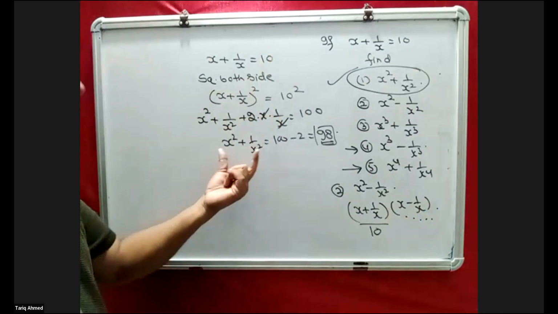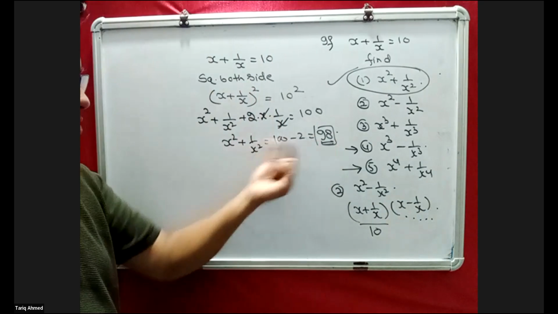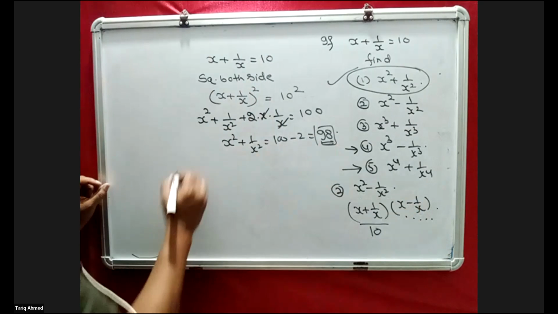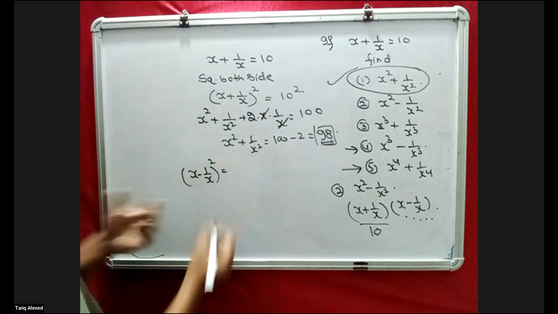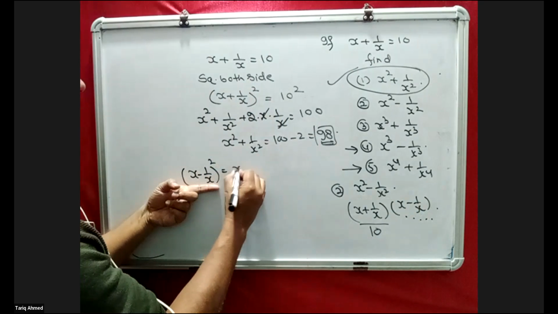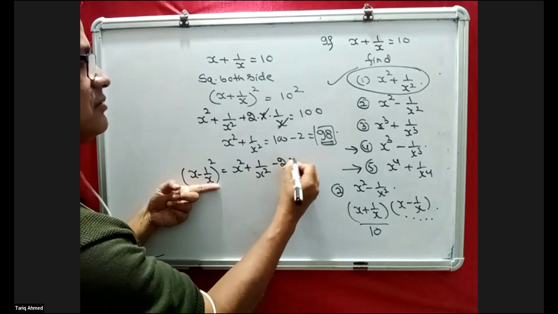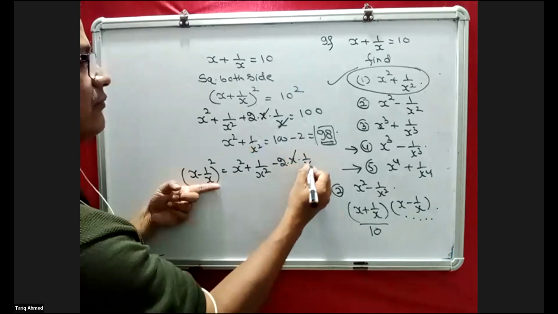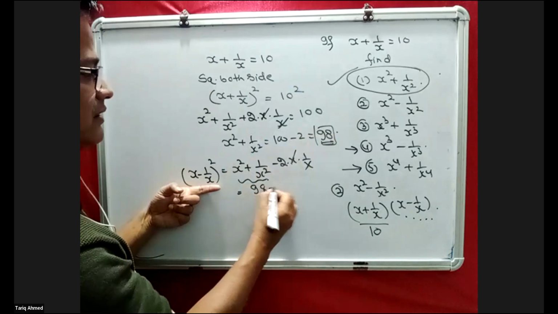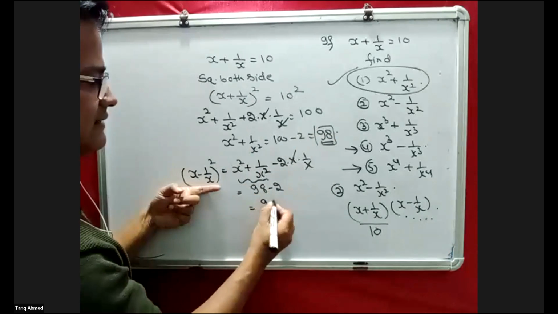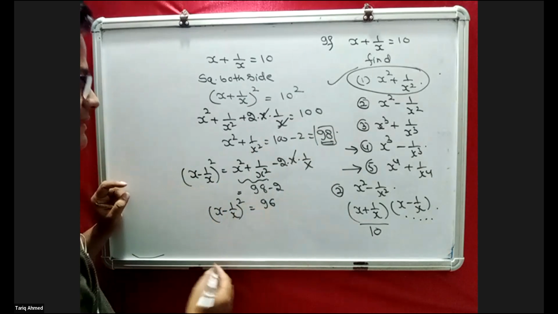We already have the value of x square plus 1 by x square, that is 98. We can use this. Now see what I am doing. (x minus 1 by x) whole square, its expansion would be x square plus 1 by x square minus 2ab, 2 into x into 1 by x. Its value is 98, then minus 2, this is 96.